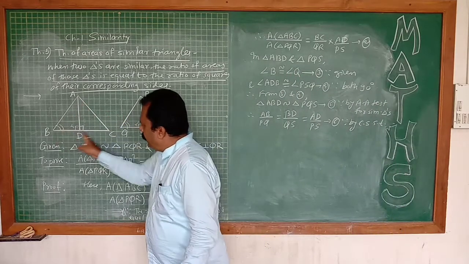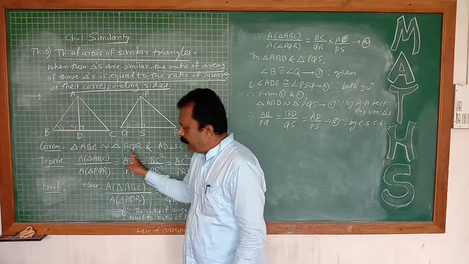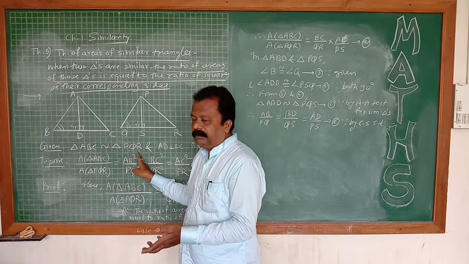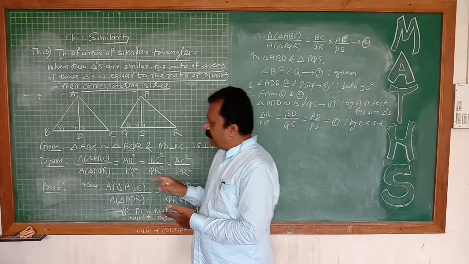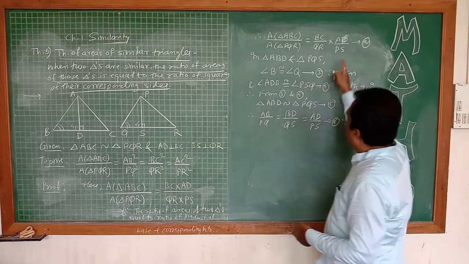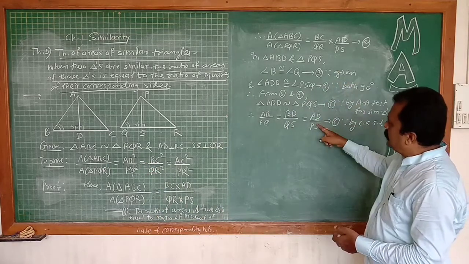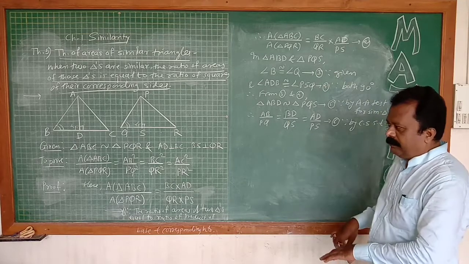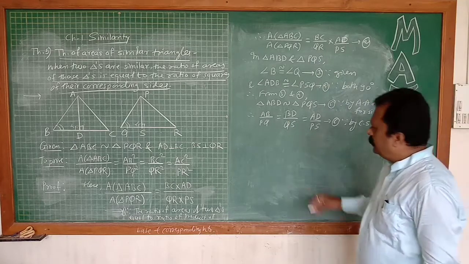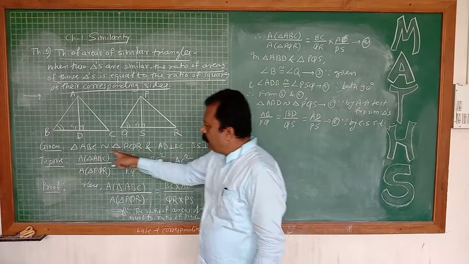Triangle ABC and triangle PQR, this is given. Like this you have to try to reach the conclusion. Triangle ABC is similar to triangle PQR, given. Here we will not get AD upon PS equal to BC upon QR, or anywhere we can't see it. So we have to go near that BC upon QR. Where will you get BC upon QR?